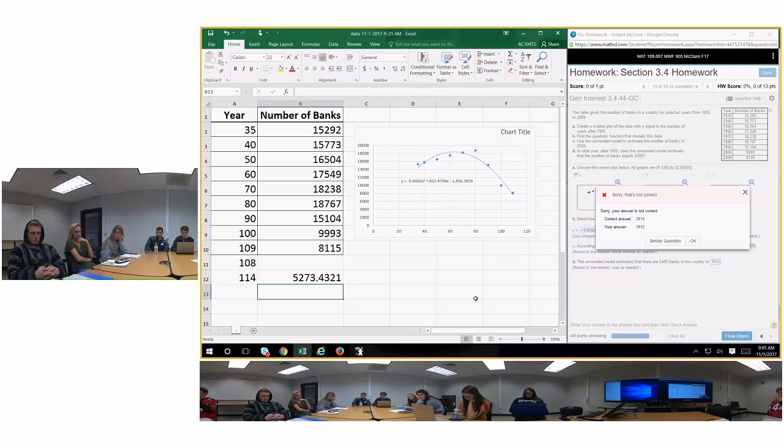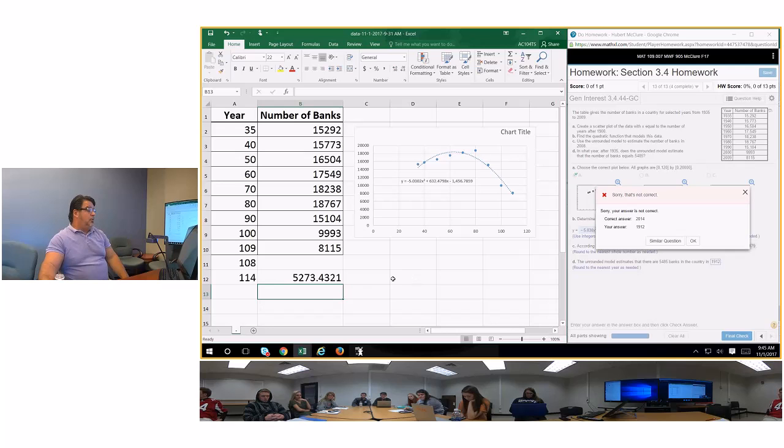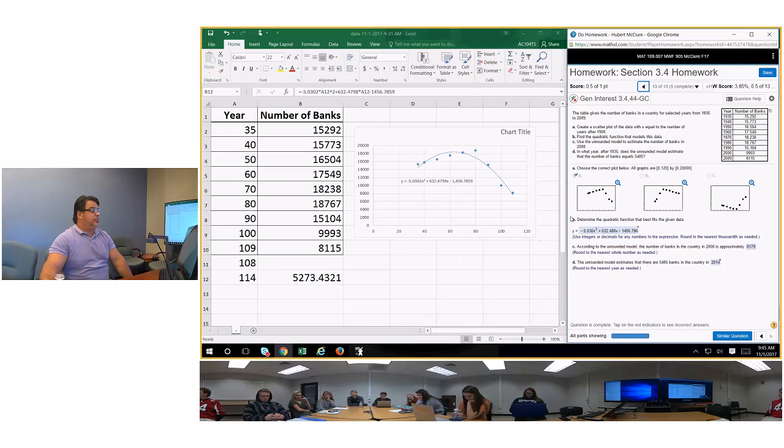Still not the right answer. Probably because of rounding. So on this one, it probably would be best to use the calculator because it has the window feature. I would use the calculator probably on this one. I don't know why I didn't get the same answer.